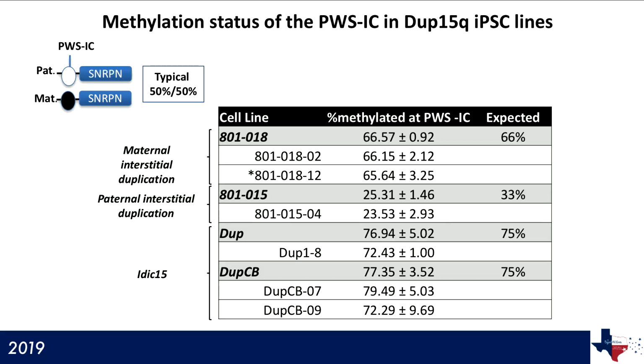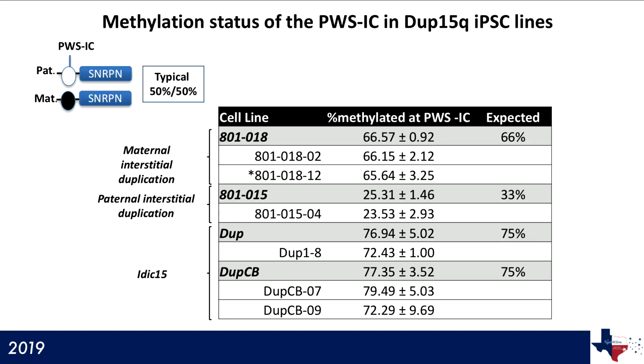And what we can do is we do quantitative DNA methylation assays to look at the amount of DNA methylation. So for instance, in a maternal interstitial duplication, you have 2 maternal alleles and 1 paternal allele, so 2 methylated dots and 1 unmethylated dot, and altogether that gives you 66% methylation because you have 2 that are 100% methylated and 1 that's 0% methylated.